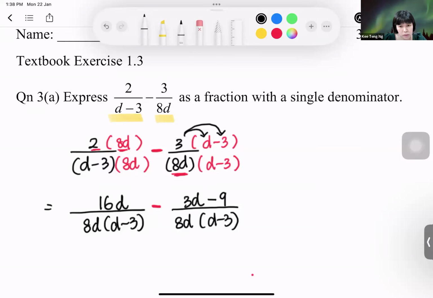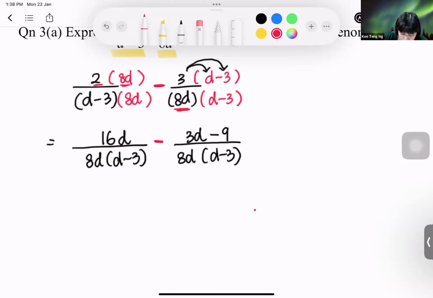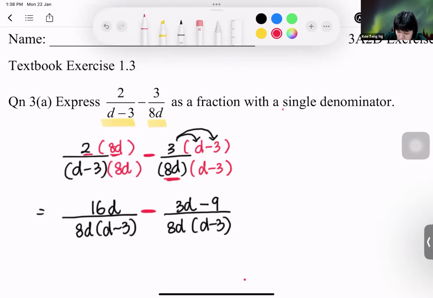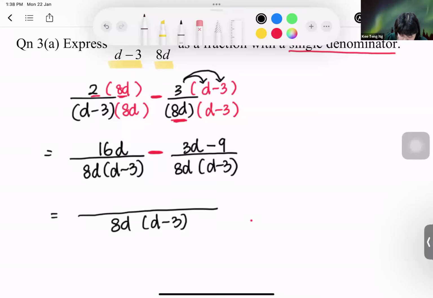9. But I have to take note, when I combine them together as one single fraction with one denominator only, 8d, d minus 3, I'll bring this down over here.